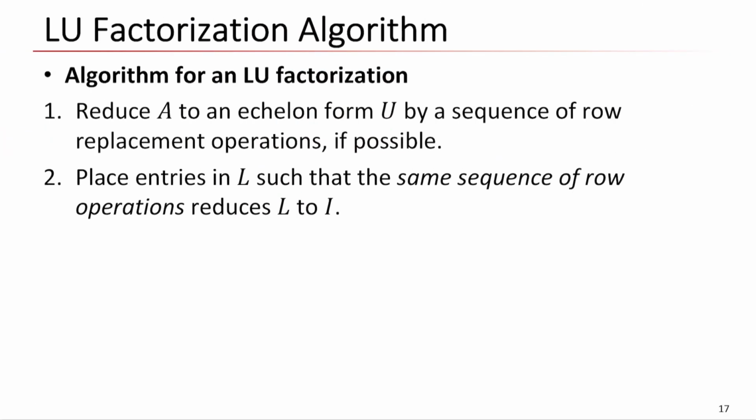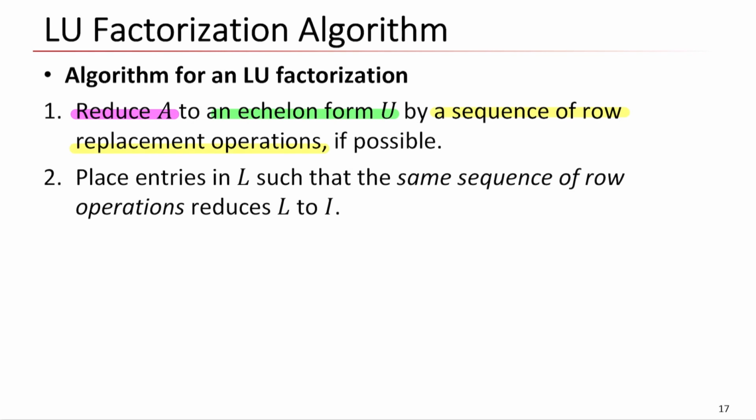Here's the algorithm for the LU factorization. First of all, row reduce the matrix A to an echelon form U by a sequence of row replacement operations, if possible.